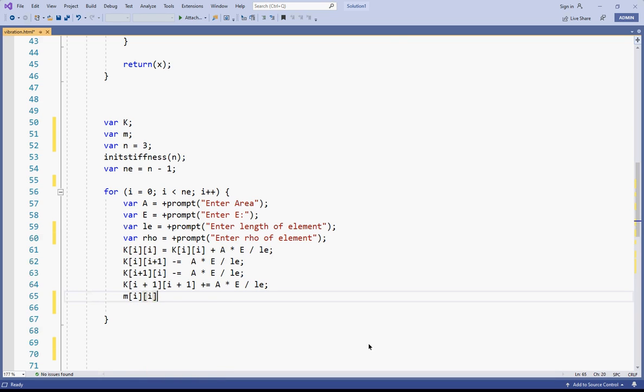First diagonal element will be rho into area into length of element divided by 6 and multiplied by 2, because the first diagonal element is 2 times.